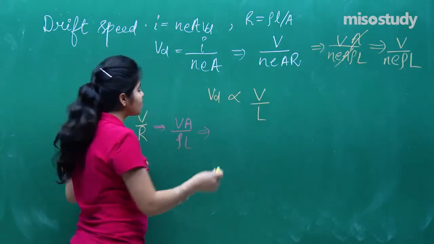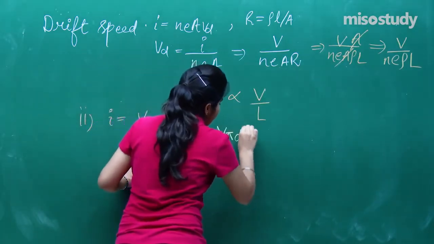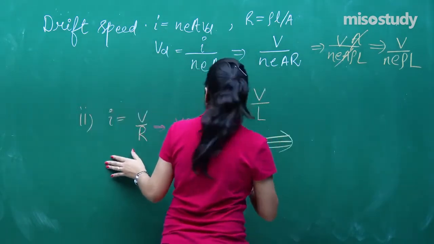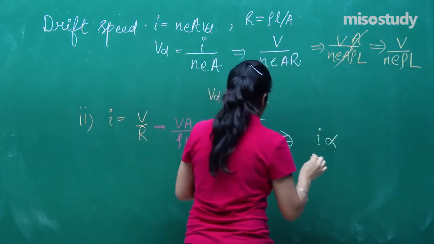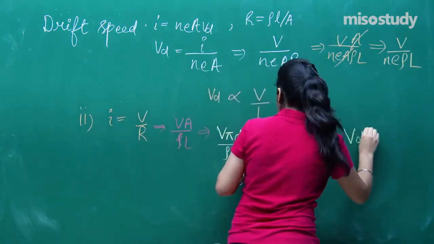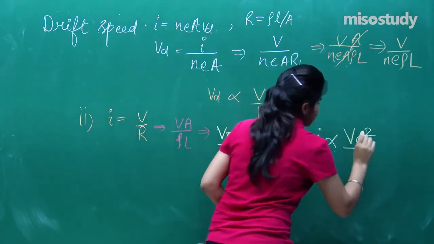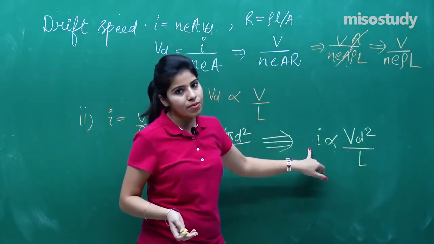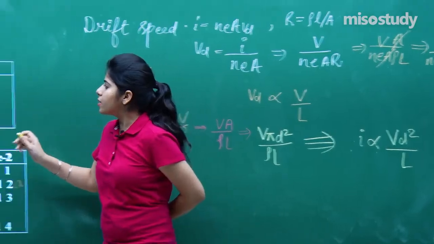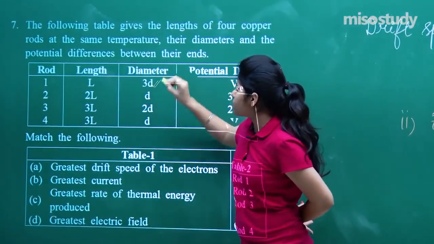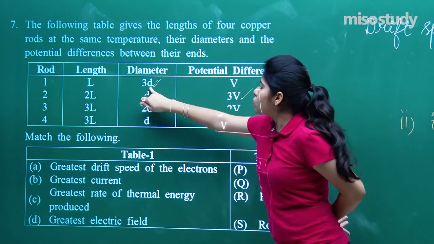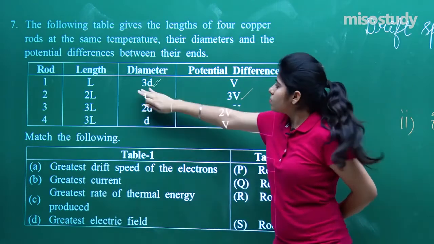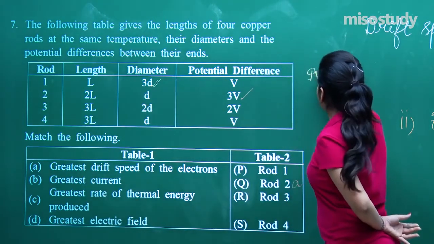Because diameter has been given, we will be writing it as pi d square by 4 rho L. So from here I can say that my I is proportional to V into d square divided by L. So the one which will be having maximum diameter will be having maximum current. I can see that this is having maximum diameter, and if I multiply this 9 and V, I am having 9V upon L. Simple. So I am having 9V by L.